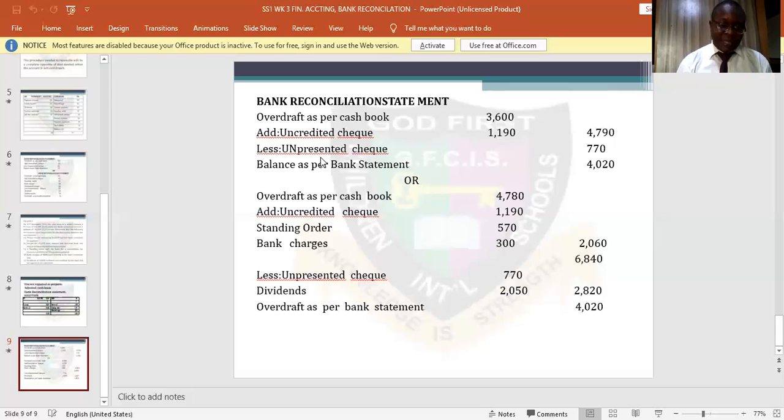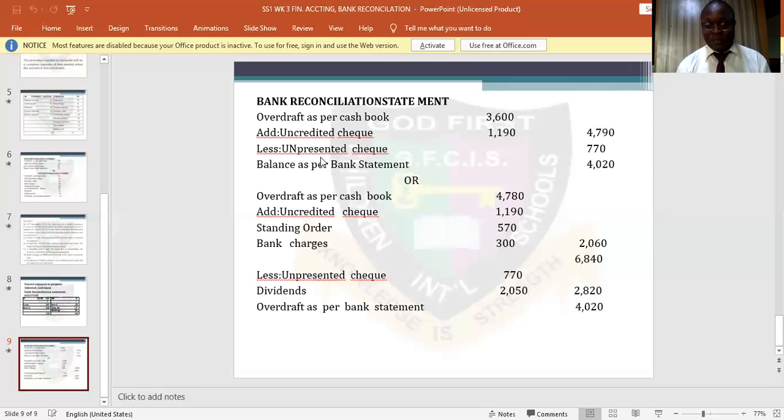So let us look at the combination of the two accounts. The combination of the two accounts, the adjusted cash book and bank reconciliation statement, is going to form just a single account, and you can call it a consolidation bank reconciliation statement. Please, my student, either you use the first method or you make use of the second method.